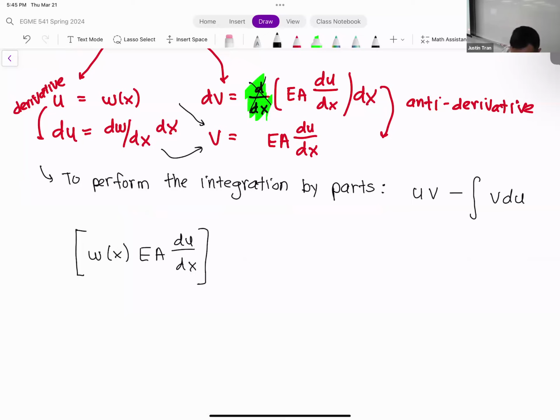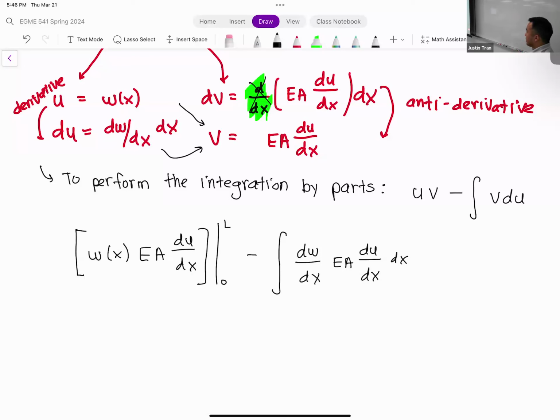That term there is integrated already, so we don't need to do anything more. We can evaluate this at our bounds, so this is evaluated from 0 to L, minus the integral of dw/dx times EA du/dx, dx.